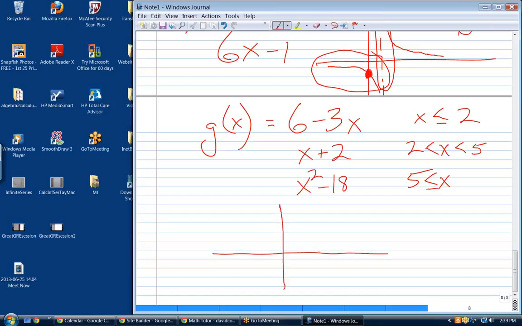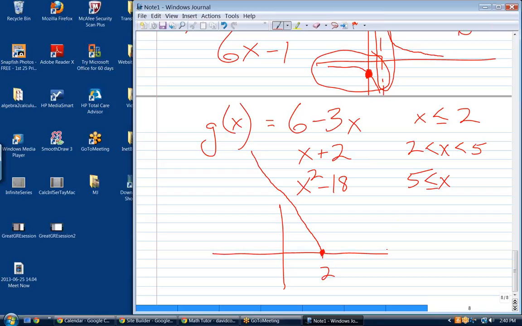To illustrate this, let me go ahead and graph it. The first function is something like this, with a closed dot, because x can be equal to 2 and it's still this function.